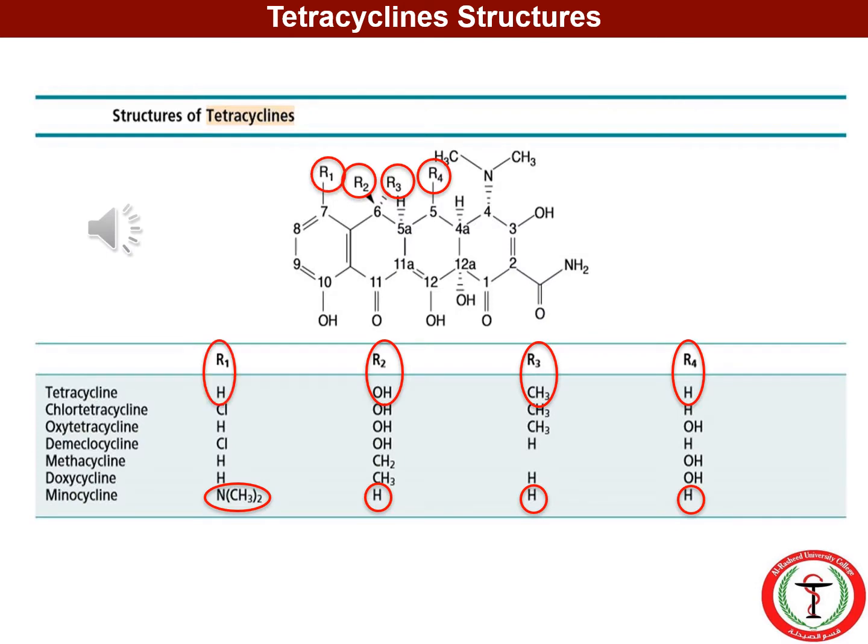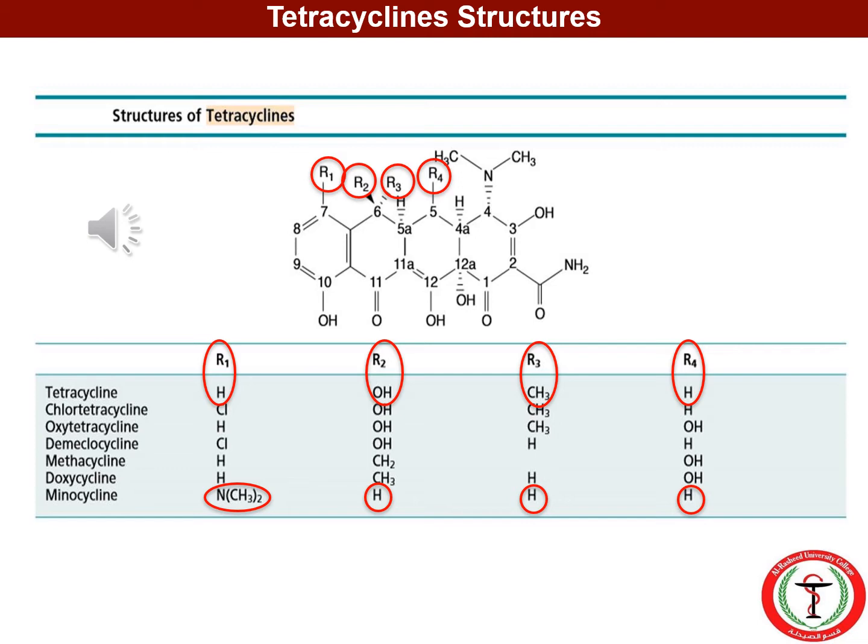In relation to the structure of these antibiotics, the tetracyclines in the list ahead are similar in their main structure, and the difference is in the groups R1, R2, R3, and R4 surrounded by red circles, and these groups distinguish between each type of antibiotic.